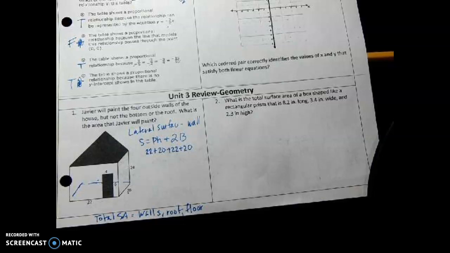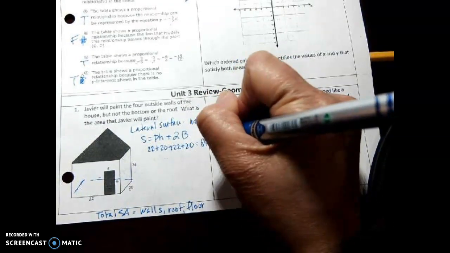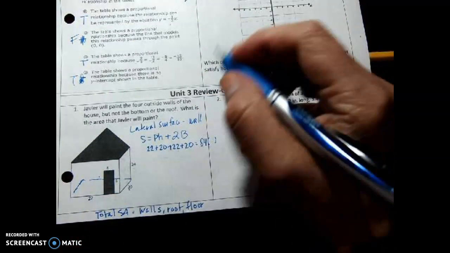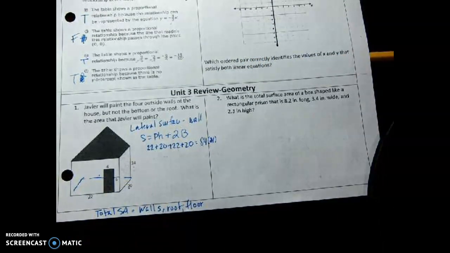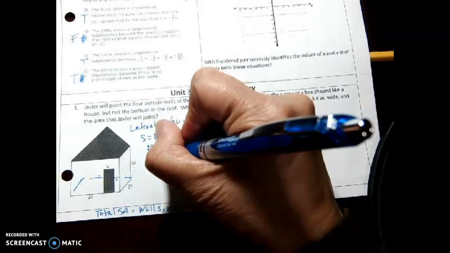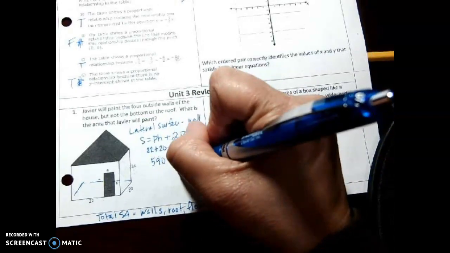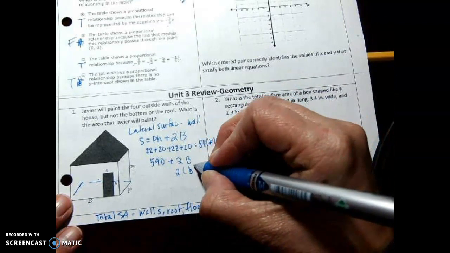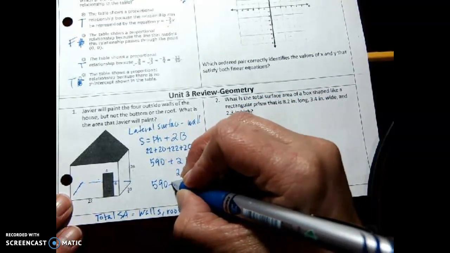So 20 plus, that's 84. 84 times the height of the prism, which is 24. So 84 times 24 is 590. So 590 plus 2b. So 2, this is the area of the base, so base times height. So 590 plus 2.